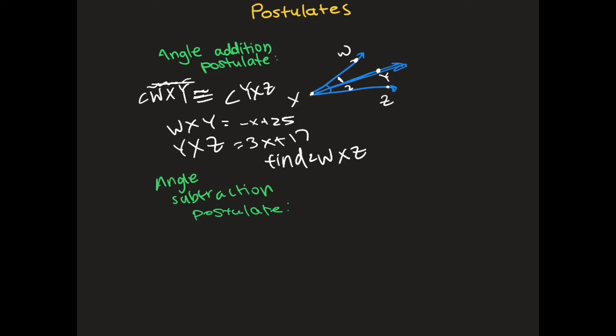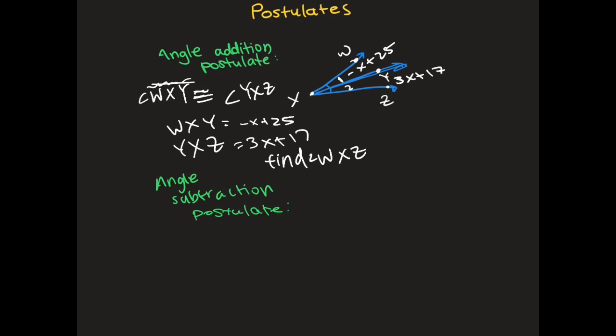We're given our two separate angles, so let's split those apart and plug them in. WXY, the top one, is minus X plus 25, and YXZ is 3X plus 17. It's asking us to find that really big angle, WXZ.